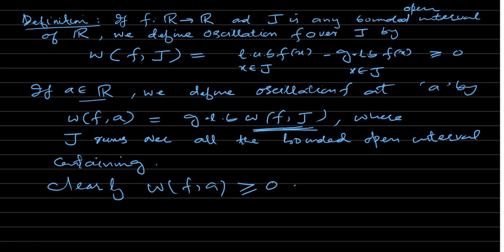So now when it's positive and when it's 0, that's the next theorem, which gives you the idea about this oscillation. This is very important because it connects with the continuity at a point. So let's state the theorem first.